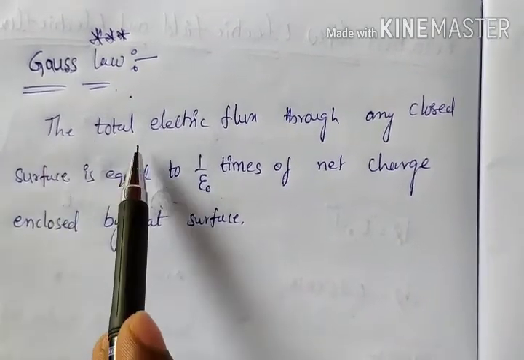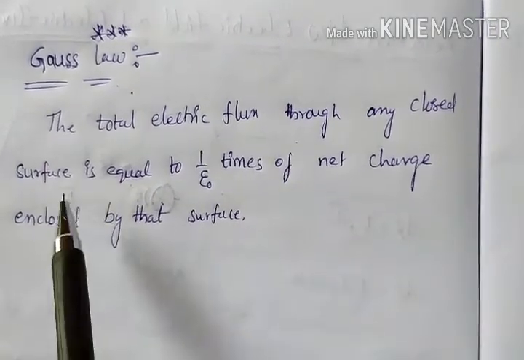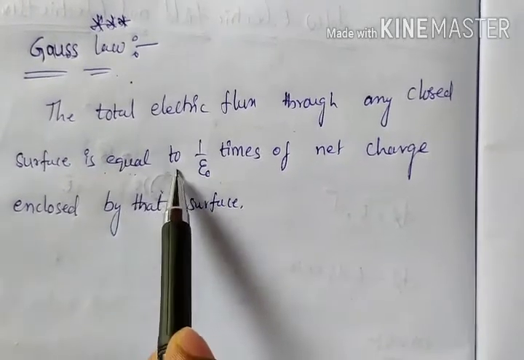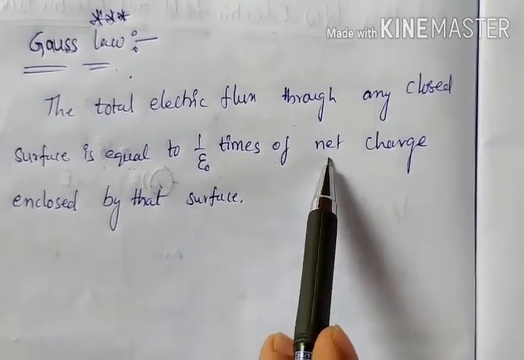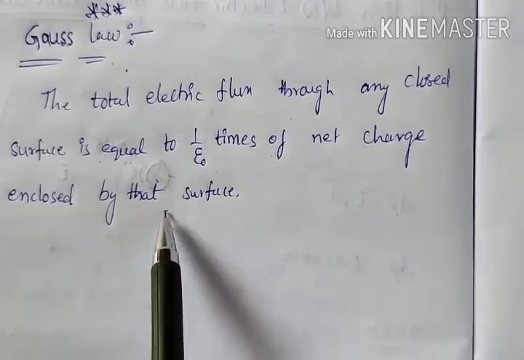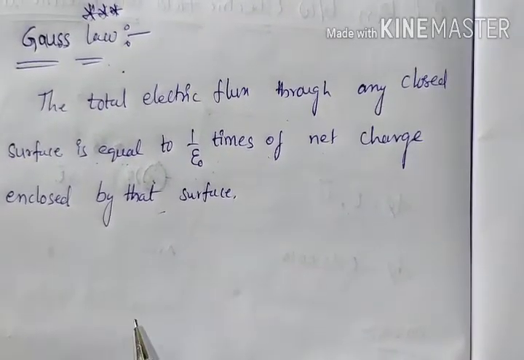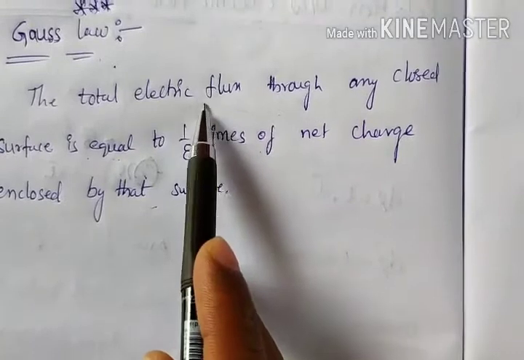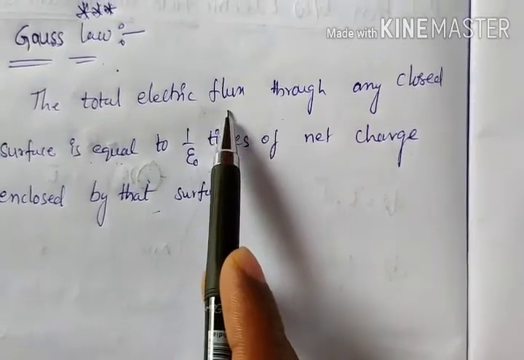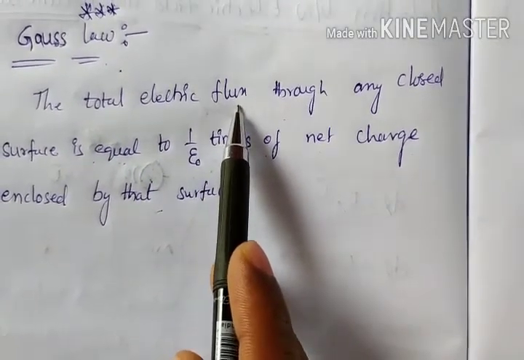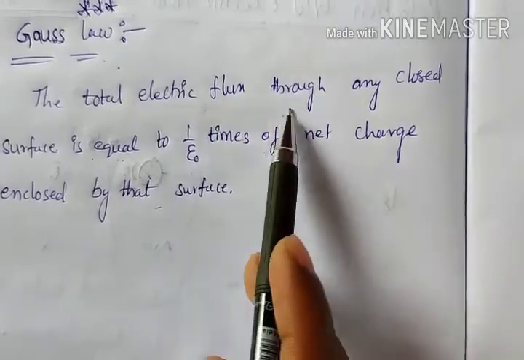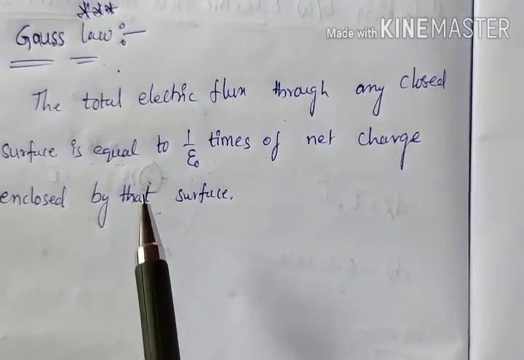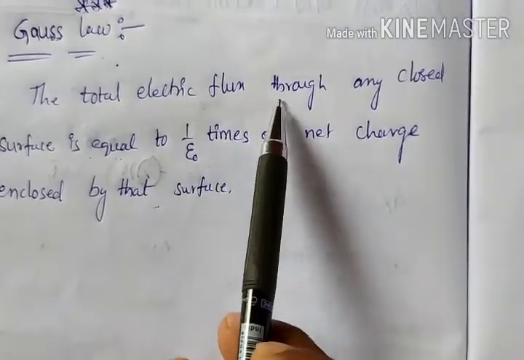The total electric flux through any closed surface is equal to 1 by epsilon naught times the net charge enclosed by the surface. This is the definition of Gauss law. We already know the flux definition: the number of field lines crossing a surface normally is called electric flux.